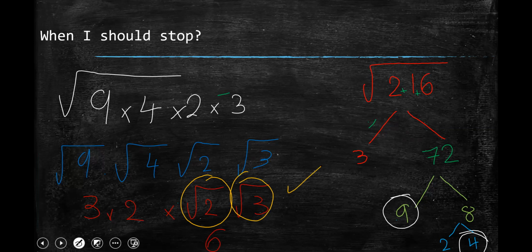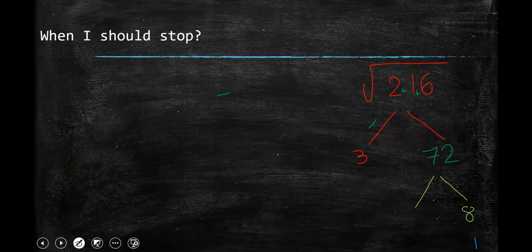Now some of you say, okay, teacher, I will make it like this. After they factorize this one, they say, teacher, I will put square root of 9 times square root of 8 times square root of 2.